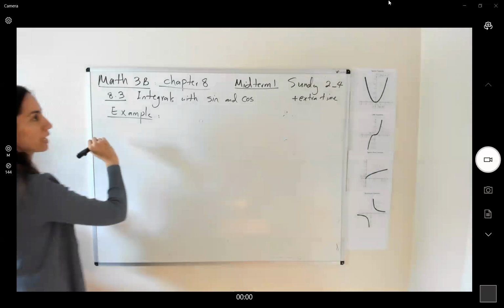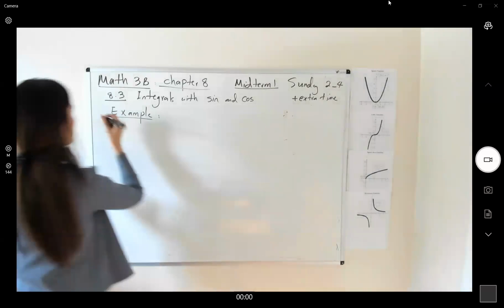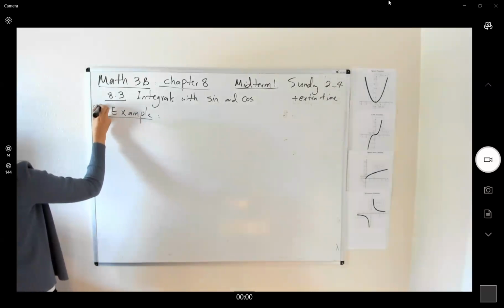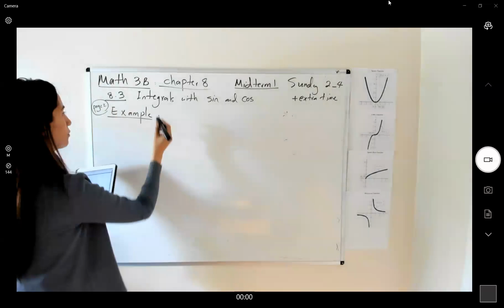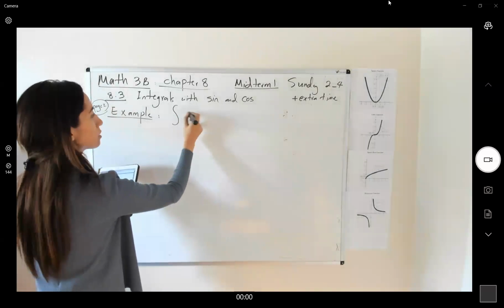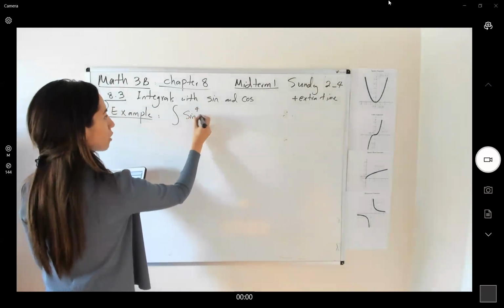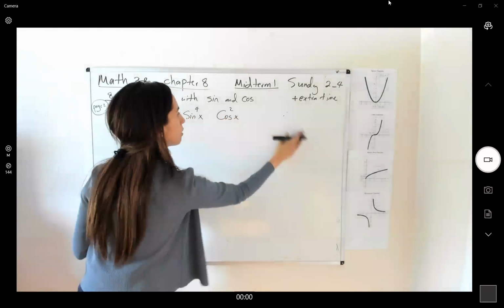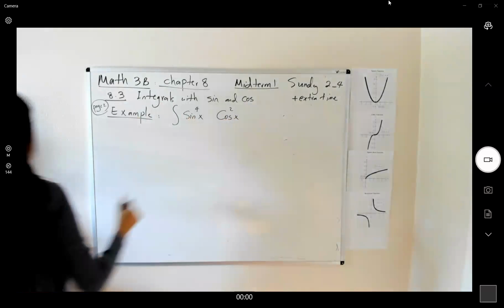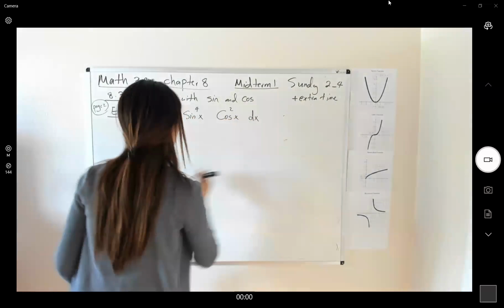So we moved on to the next page, page 2. What if you have the integral of sine to the 4th of x, for example, times cosine squared of x dx.